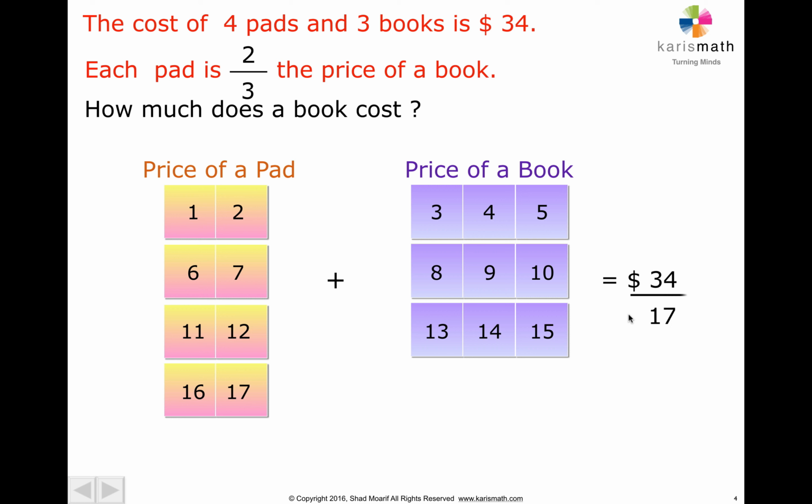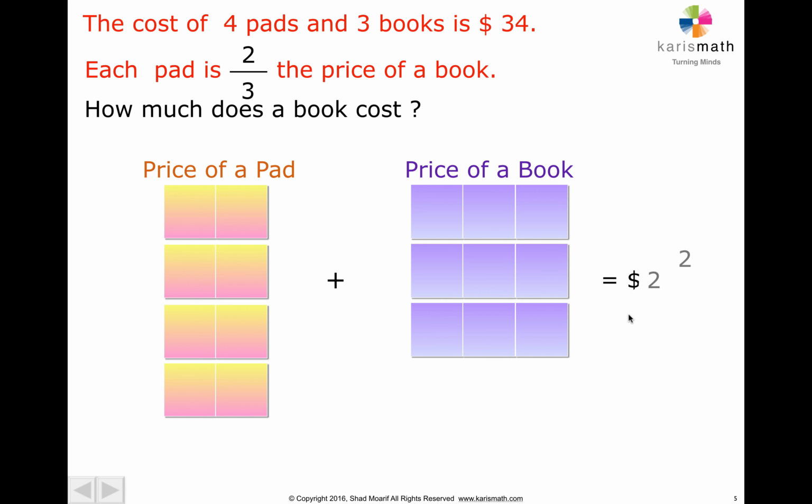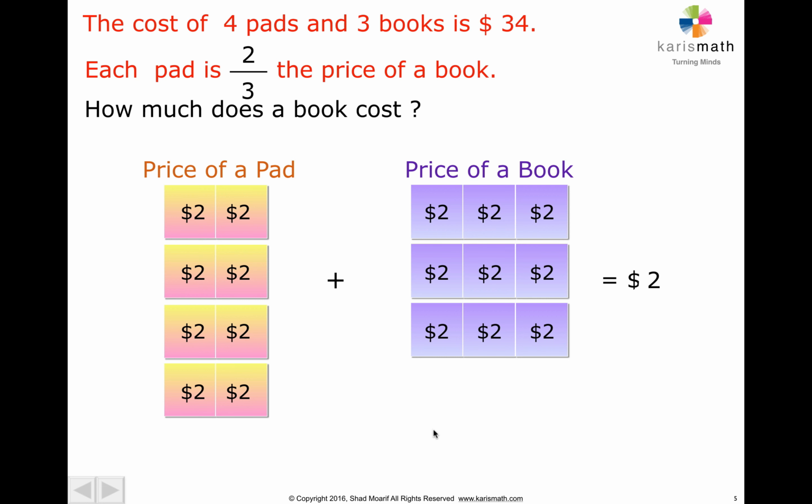So if you divide it by 17, then you should get the value of each share. So that means each share is $2. So you can populate all this with $2 here. Each one of these is $2. Now it's very easy. How much does a book cost? A book.